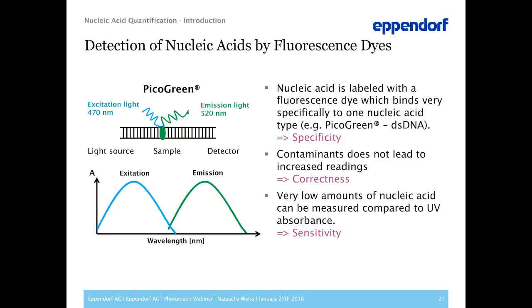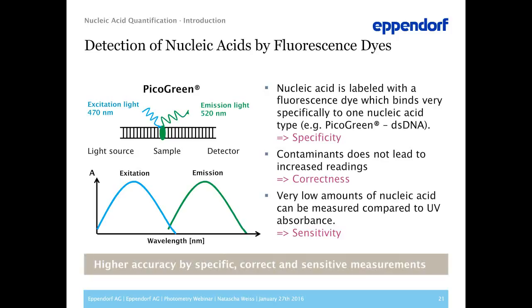The dye PicoGreen, for example, only binds to double-stranded DNA and not to other nucleic acid types or contaminants. Upon binding, the fluorescence of PicoGreen increases more than 1000-fold, which leads to a high sensitivity of the method. Taking these facts together, a high accuracy in nucleic acid quantitation can be achieved.